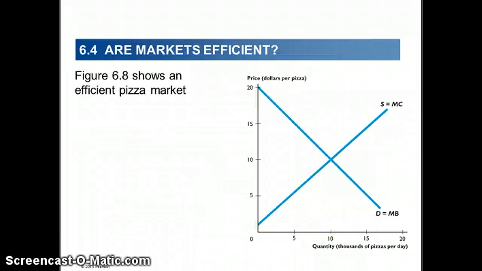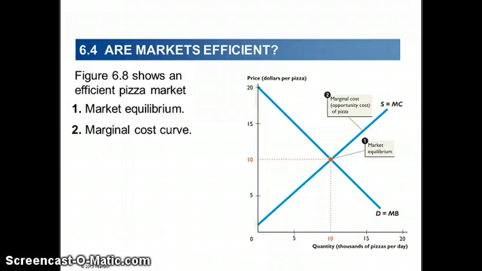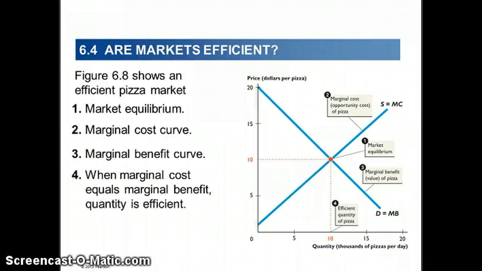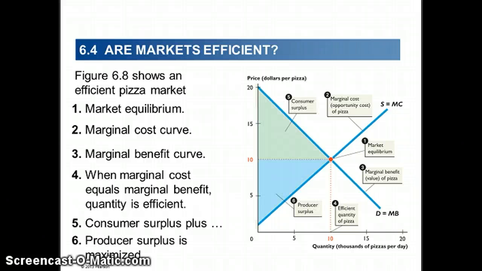To go back to the same curve, if we put the supply and demand curves together, they intersect at the market equilibrium. And at that intersection, the marginal cost equals the marginal benefit. Therefore, the quantity at that point is the efficient quantity, and consumer surplus plus producer surplus is maximized.